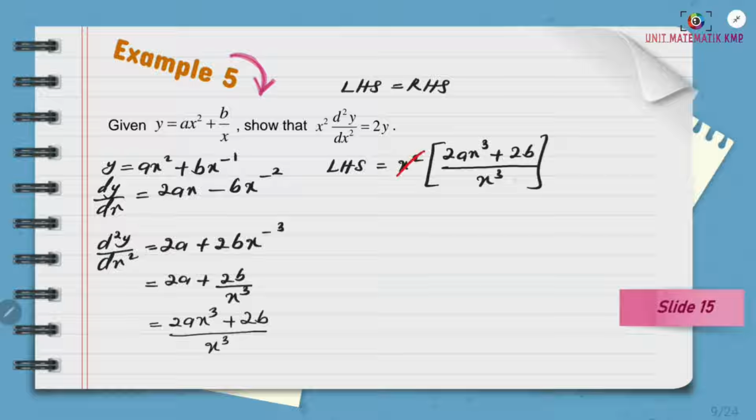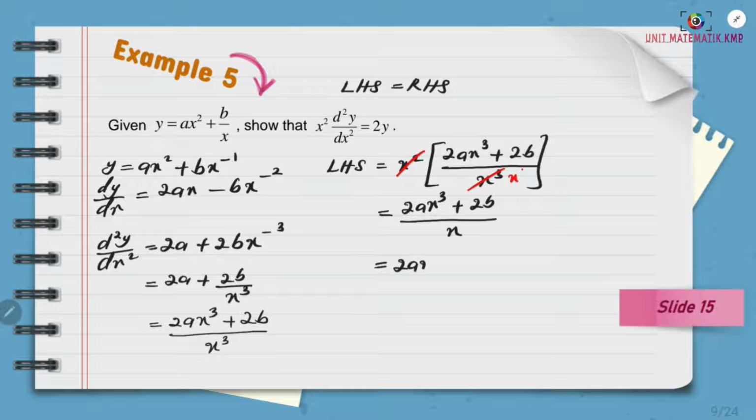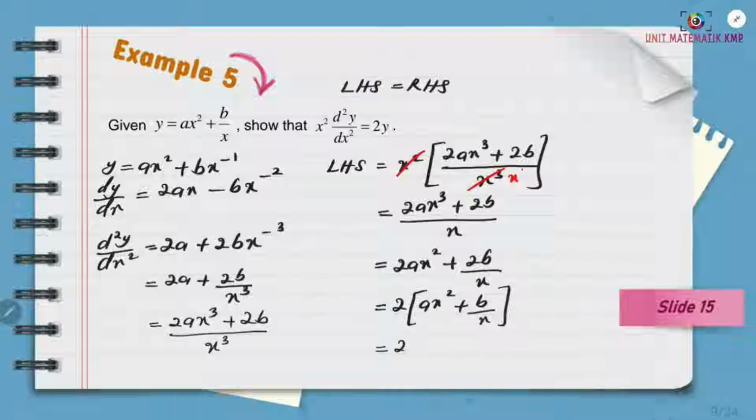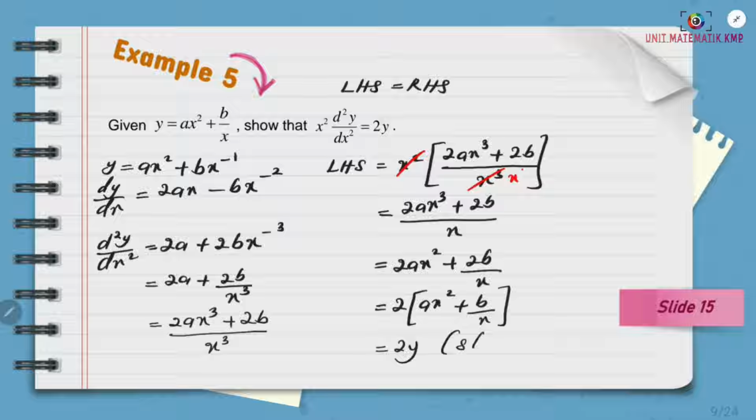And we can simplify, we have x. Therefore, (2ax cubed plus 2b) over x. And we can separate, we have 2ax squared plus 2b over x. And we factorize 2, we have 2 times the bracket (ax squared plus b over x), which is y, equal to 2y. Shown.